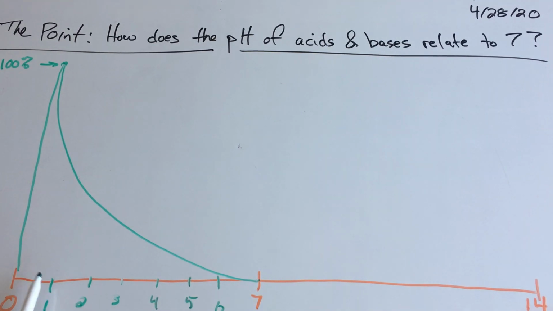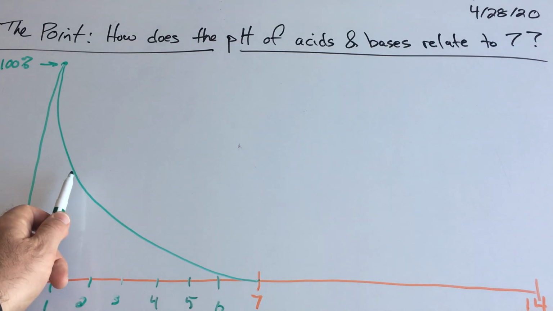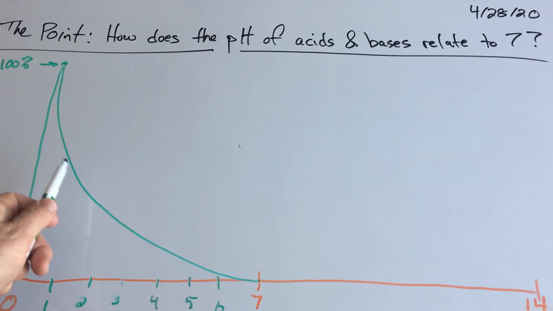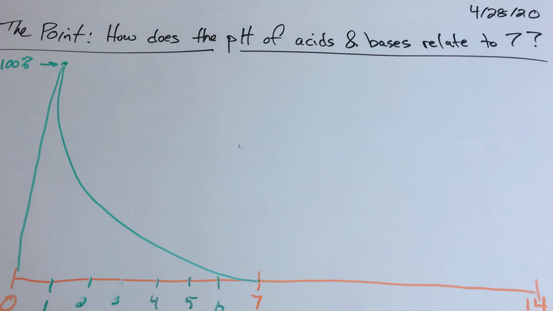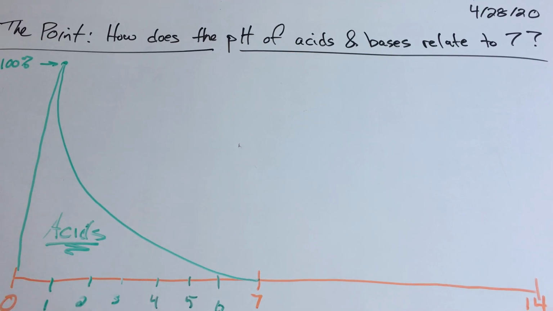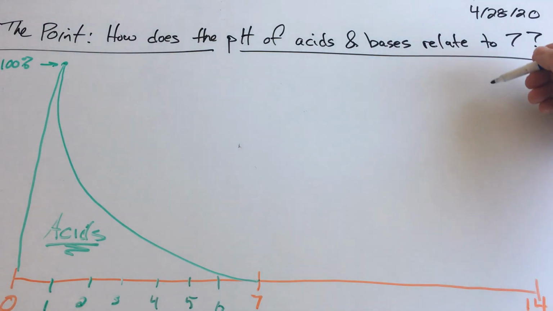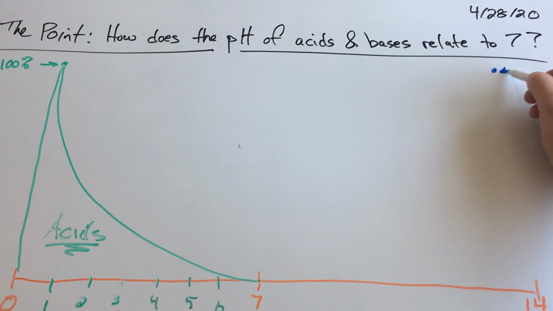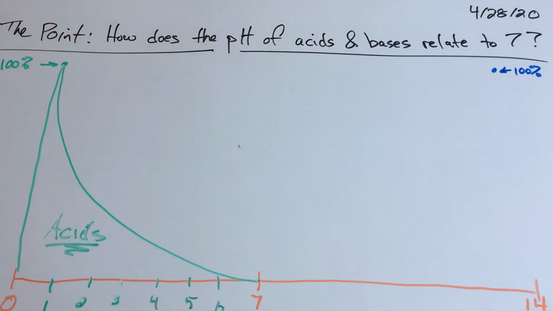The difference between 1 and 0, enormous, right? So this is exponential, and base is the same way. Again, these are acids on this side. On this side, again, we would think of this as also 100%.